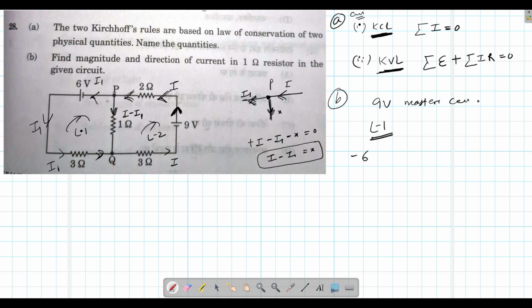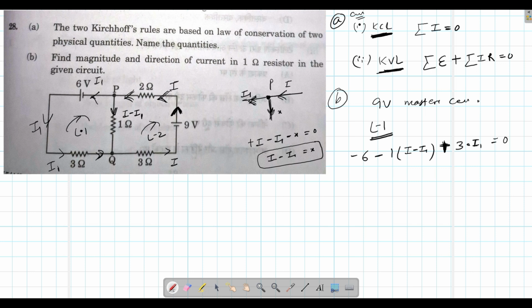Current flows in the same direction: minus 1 into (I minus I1). And here current flows in the opposite direction: plus 3 into I1, equals 0.